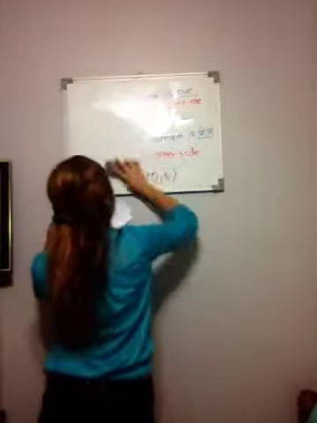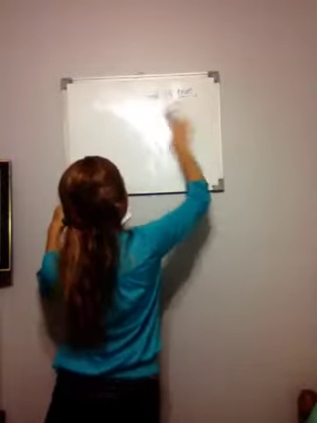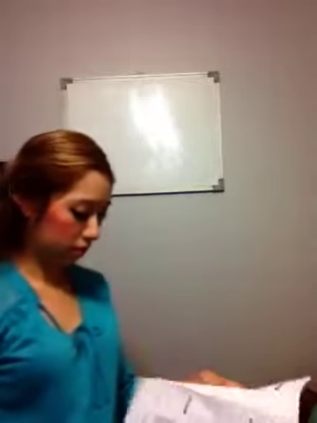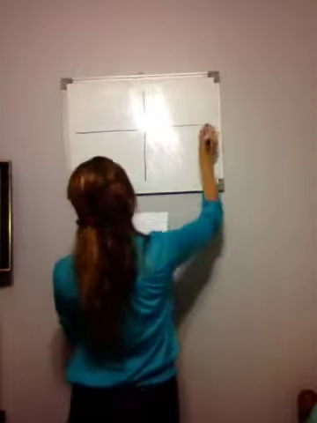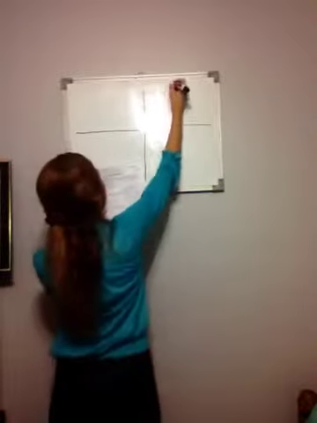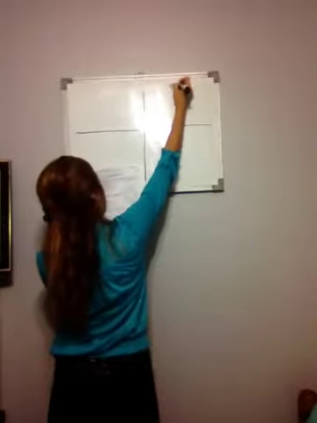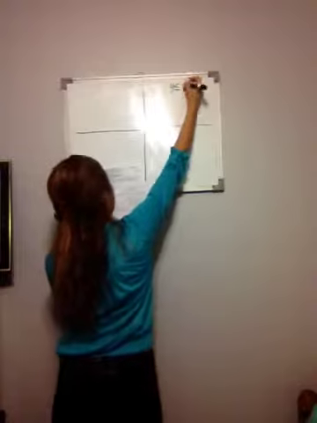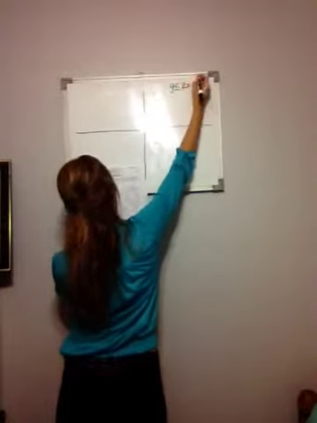So let's start with the examples. We have a graph, and the equation is y is less than or equal to 2x plus 3.